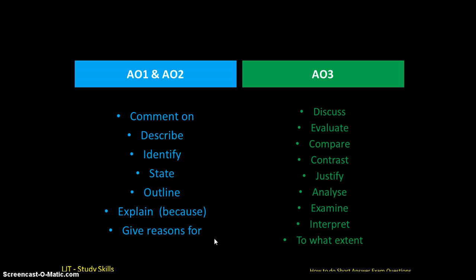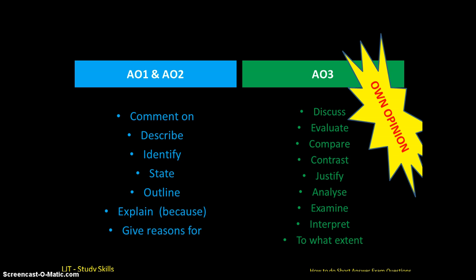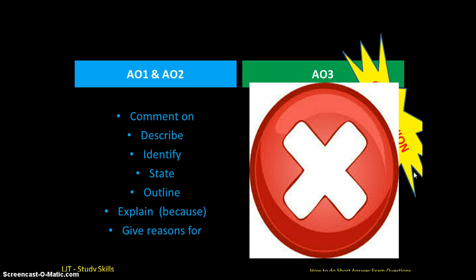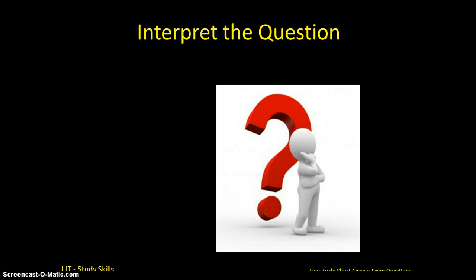Quite simplistic, and they require factual statements as answers. Whereas the AO3, discuss, evaluate, compare, contrast, justify, analyse. Again, much richer verbs that demand more from you. Remember that obviously AO3 you can give your own opinion as well. But again, we're going to focus on the blue short answer type verbs in this video.